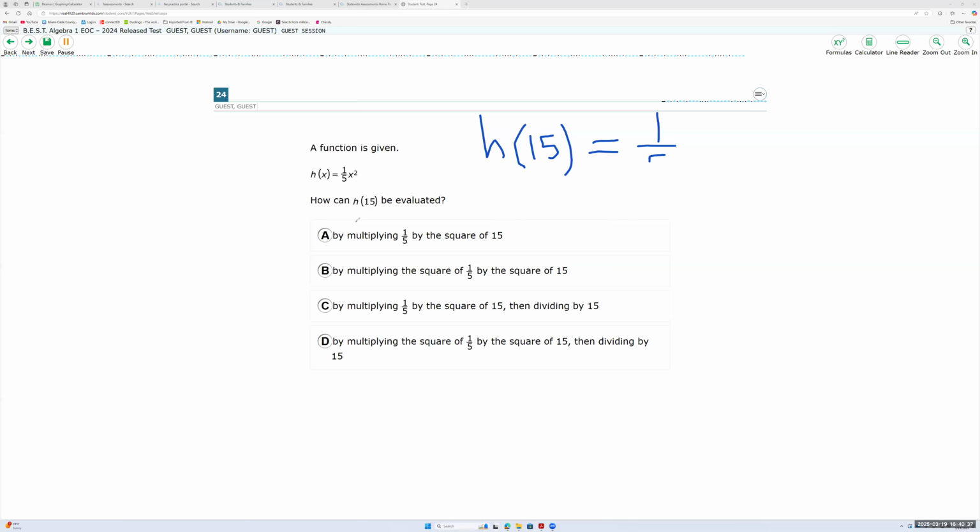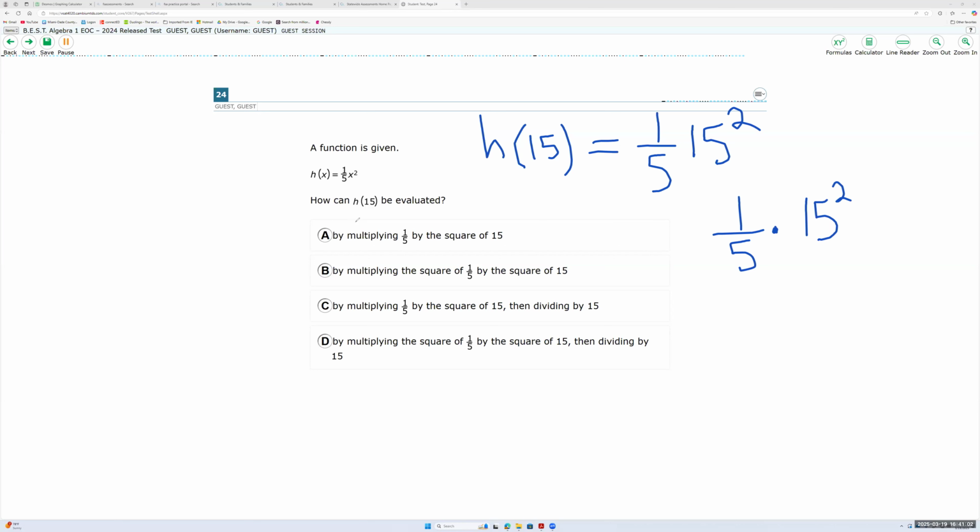So I'm going to put 15 here and square. Notice that the x does not cover the fraction 1 over 5. It's only the 15 that gets squared. So that means that I need to multiply 1/5 times 15 squared, which is 225. But let's just say the square of 15.